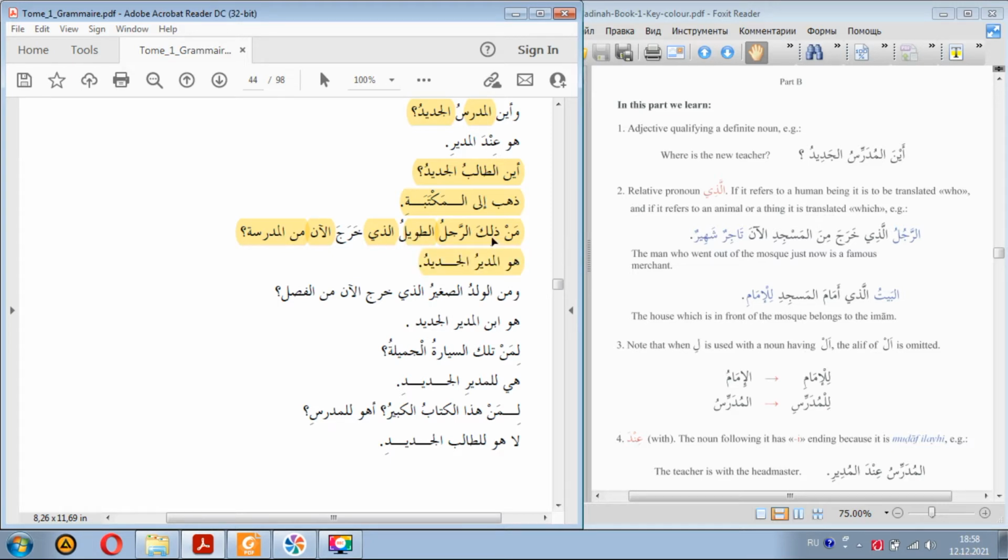Let's go through this sentence once more. من ذلك الرجل الطويل, who is that tall man الذي خرج الآن من المدرسة, who went out just now from the school. Who is that tall man who went out just now from the school, or who went out from the school just now? You can put it in the end in the translation.